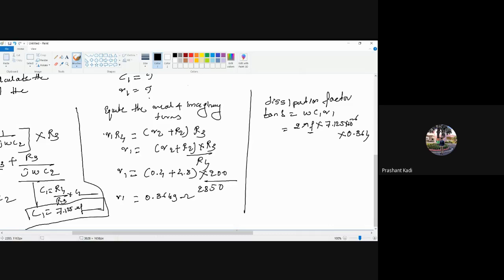Frequency is given, so f equals 450 hertz. So what is the dissipation factor? We'll write the values: 7.351 into 10 raised to minus 3. Loss factor is the dissipation factor of the capacitor.